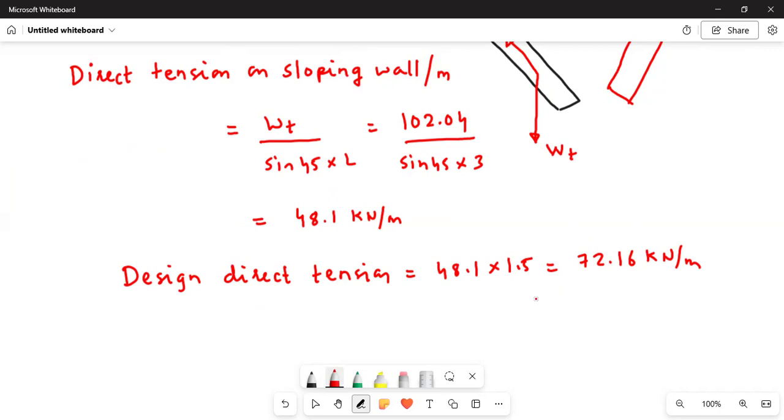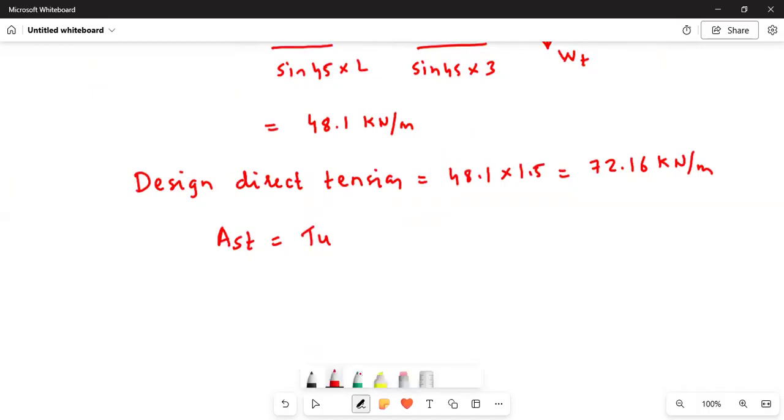In the design of the sidewall, we have seen the formula for direct tension, that is AST equal to TU divided by 0.87 Fy. TU is the design direct tension, and it should be in Newton.